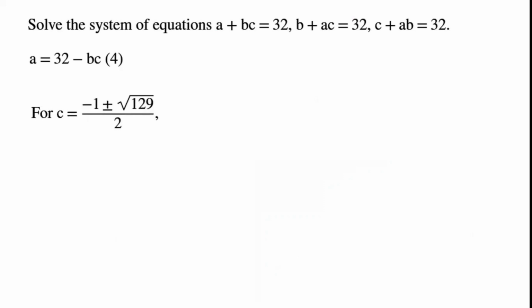For C equals (minus 1 plus or minus root of 129) over 2, B equals C equals (minus 1 plus or minus root of 129) over 2.